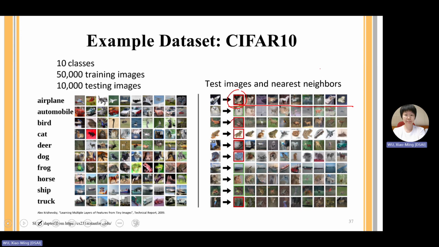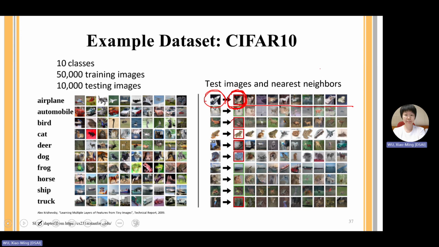The one with the red box means wrong classification, which means the nearest neighbor doesn't belong to the same category as the test sample.